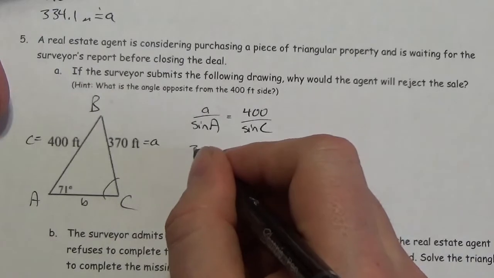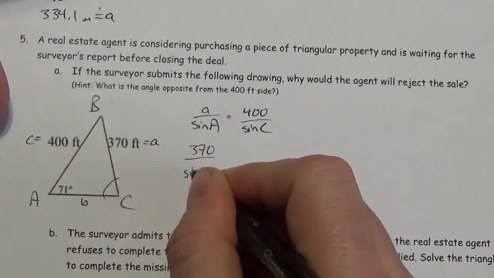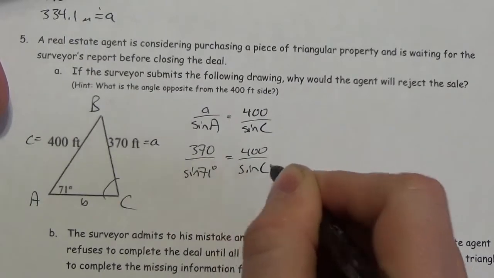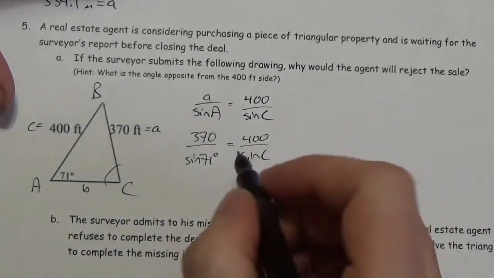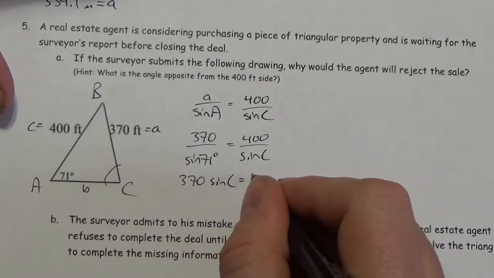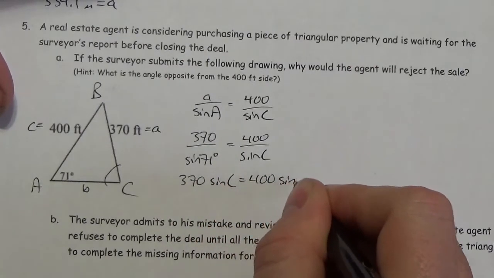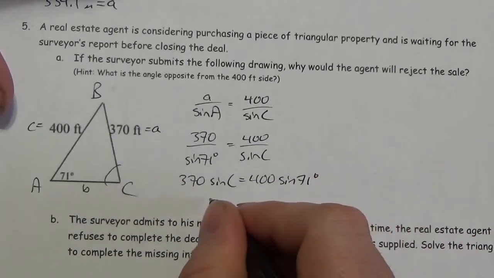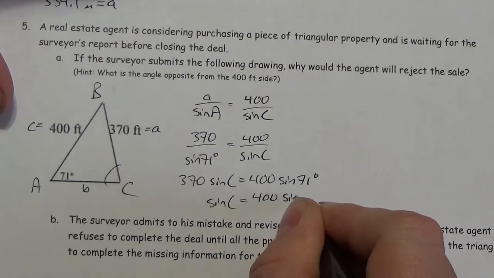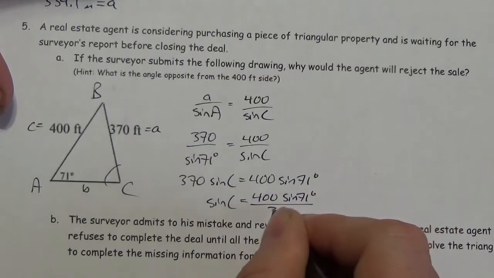So let's just make this 370 over the sine of 71 degrees is equal to 400 over the sine of c. Now we cross multiply, so 370 sine of c is equal to 400 sine of 71. So the sine of c is going to be 400 sine of 71 degrees over 370.